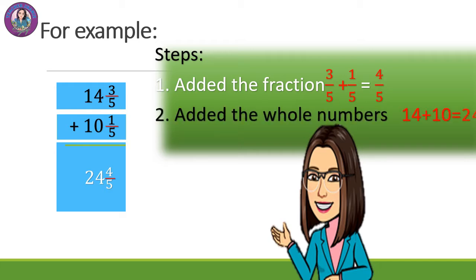Step 2: we add the whole numbers. 14 plus 10 equals 24. In step 3, the sum is 24 and 4/5. Notice that the fraction is already in the simplest form. So that is our final answer, 24 and 4/5.